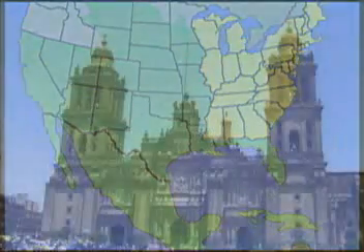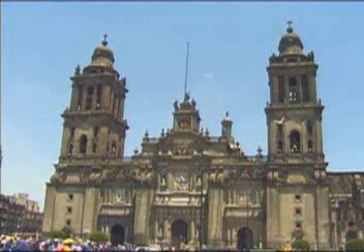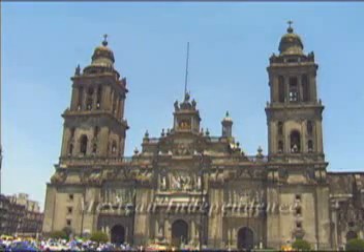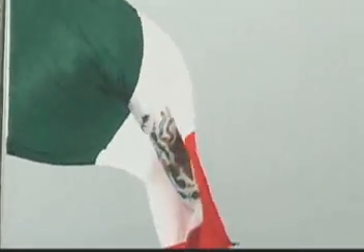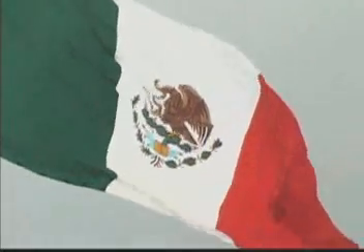But 1821 was important for another reason, because it was the year Mexico obtained its independence from Spain. After that time, Mexican flags began to fly over towns such as Santa Fe, Los Angeles, San Francisco, and San Antonio.